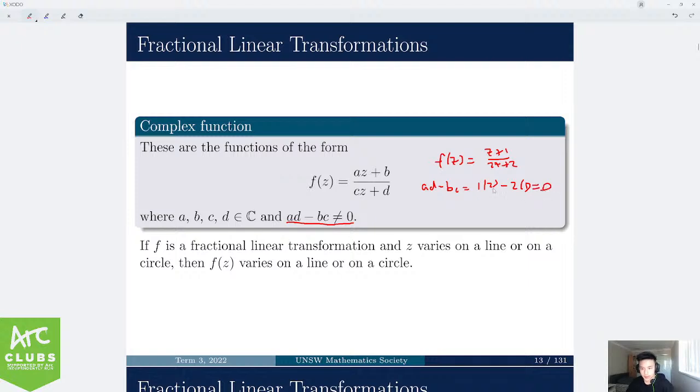When ad minus bc equals 0, f of z just cancels out to be a half. This is just a constant function, and we're not really interested in constant functions when we're talking about fractional linear transformations. That's why we have the condition ad minus bc can't be 0.